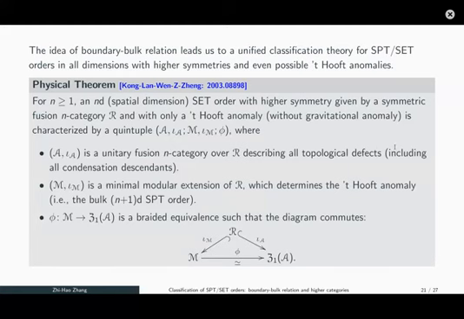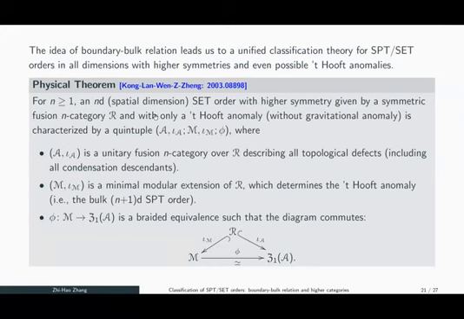Okay, and this idea of the boundary-bulk relation also leads us to a unified classification theory for SPT and SET orders in all dimensions, and possibly with higher symmetries and possibly with 't Hooft anomalies. For n greater than 1, any SPT order or SET order with higher symmetry, we suppose the higher symmetry is given by a symmetric fusion n-category R, so it is not given by a finite group.